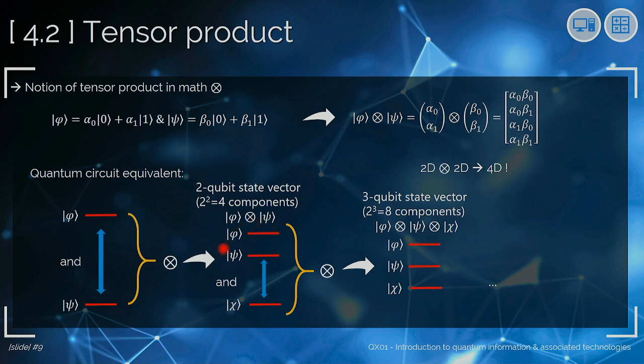Now I've got these two as a 4-dimensional vector rather than twice 2D vectors, and then I can carry on. I tensor product this 2-qubit state with the third one to have a 3-qubit state vector with 8 components, as we just saw, and so on and so forth.